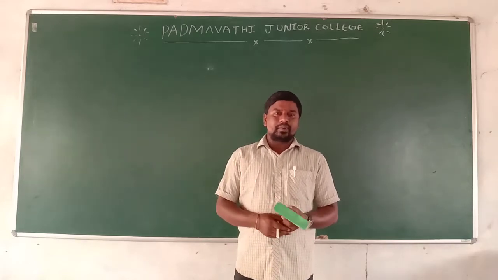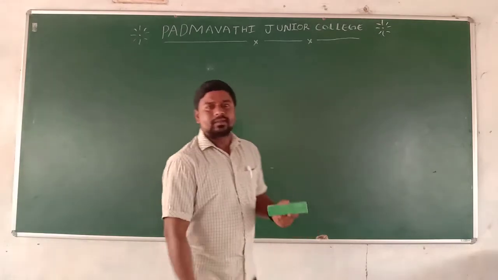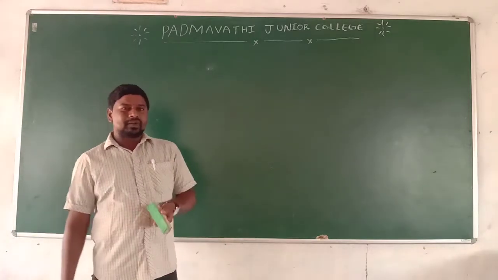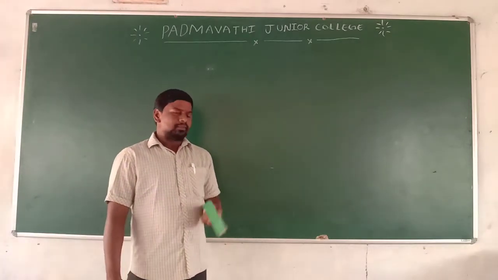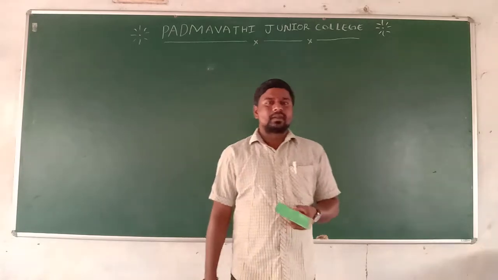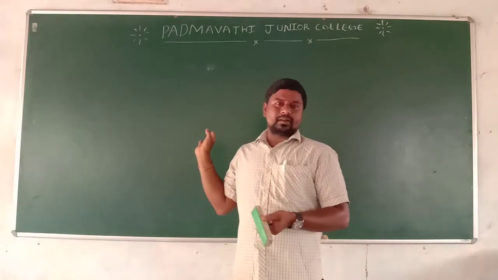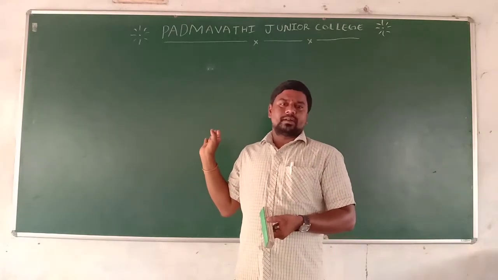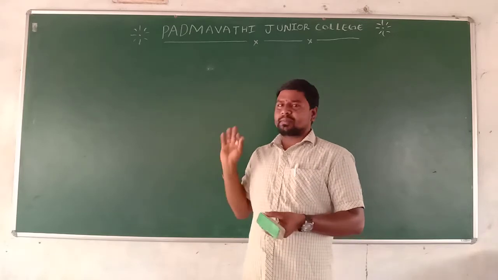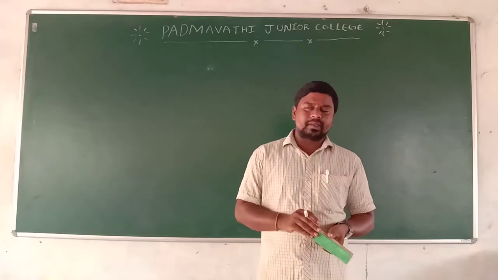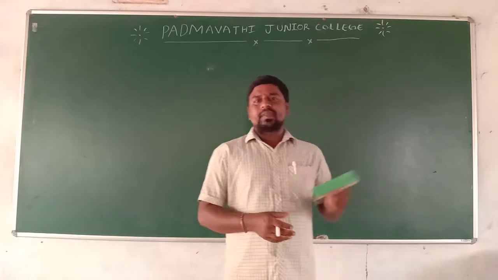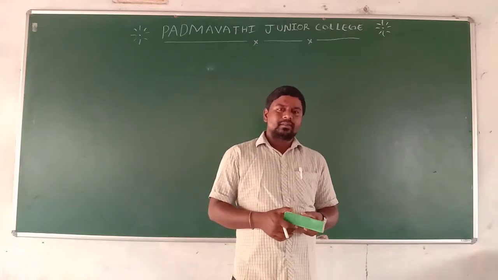Today we discuss the topic plant physiology and microbiology. Various kinds of chapters are there in our textbook. Six units are present in our textbook. First one is plant physiology and biotechnology.